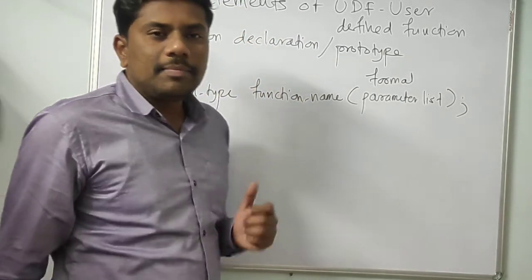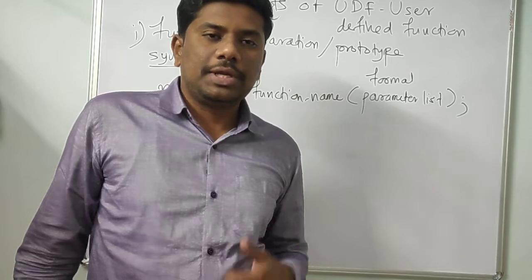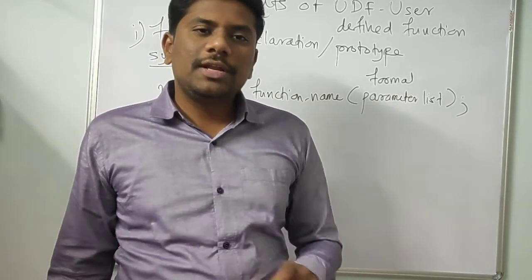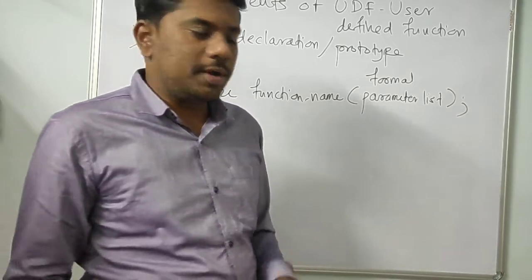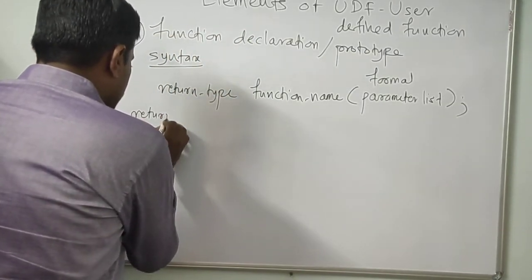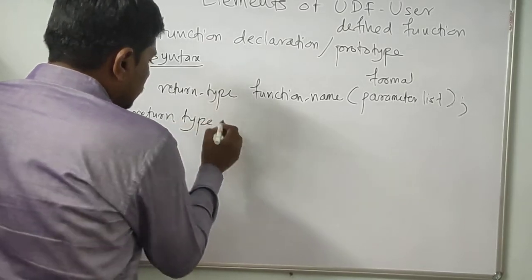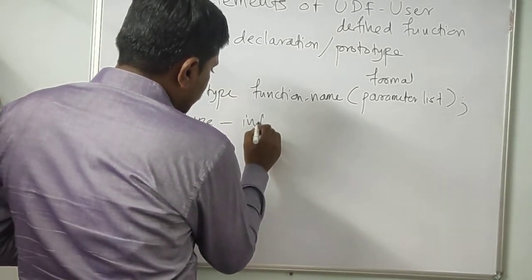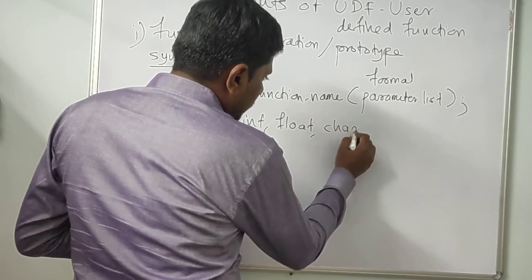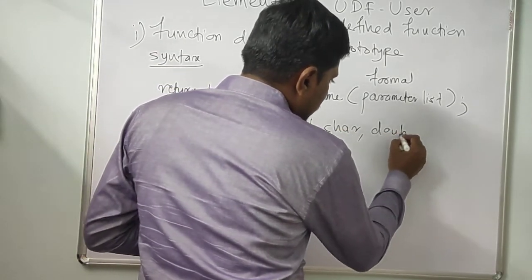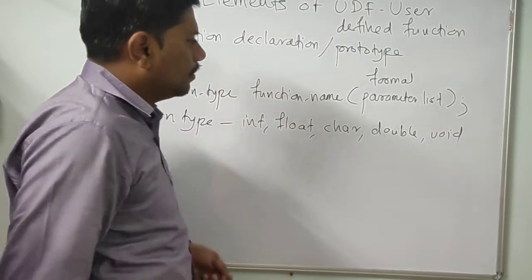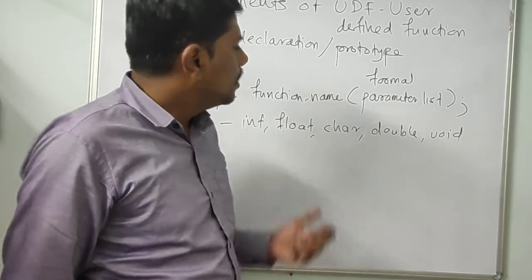So return type can be int, it can be float, it can be char, it can be double, and if your function is not returning any value, then it can be void.